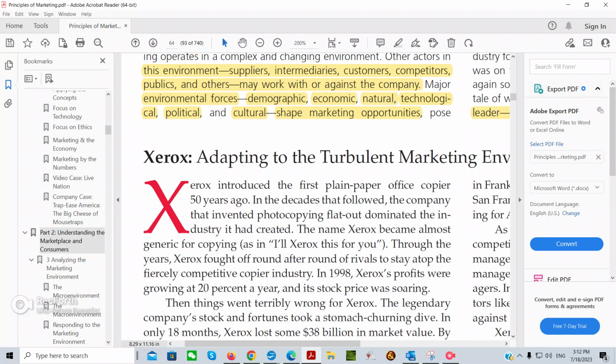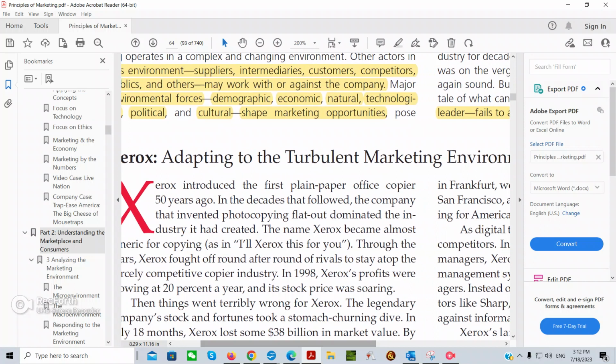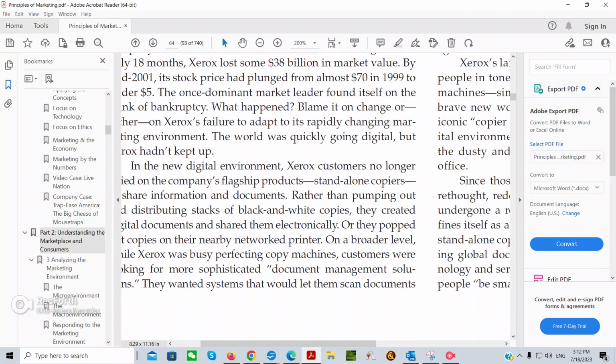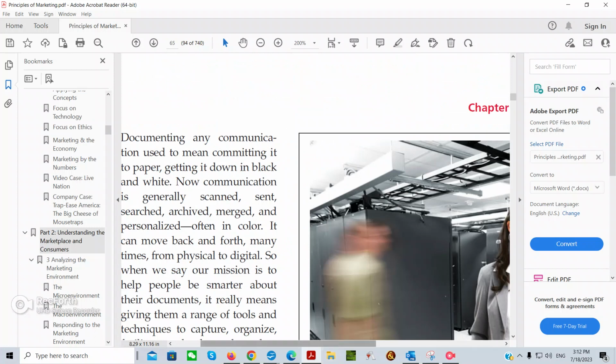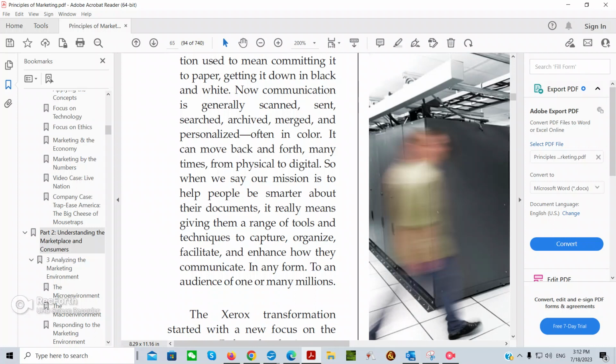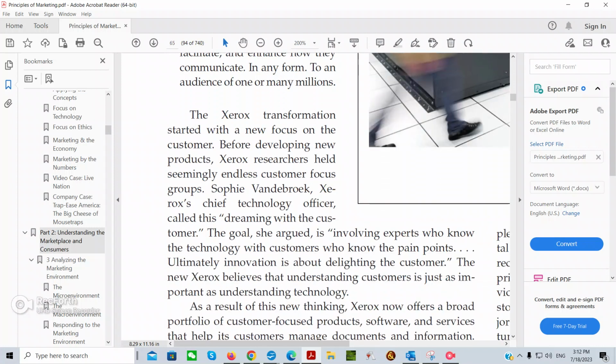Now, I'm not going to go through this. I'm not going to read the case study. Just understand that Xerox adapted to the changing environment, and that's what allowed them to be successful. They had to reinvent themselves and change how they did business, and then they became successful.